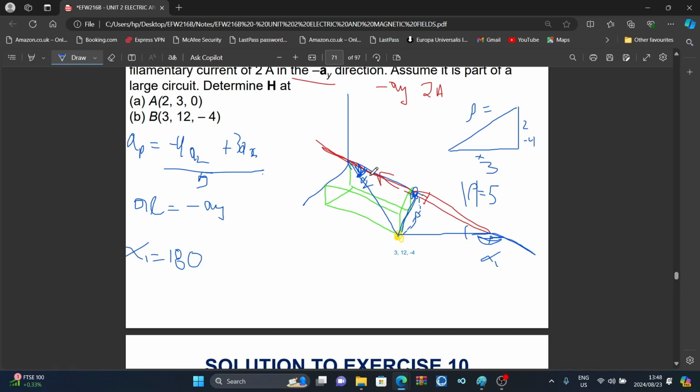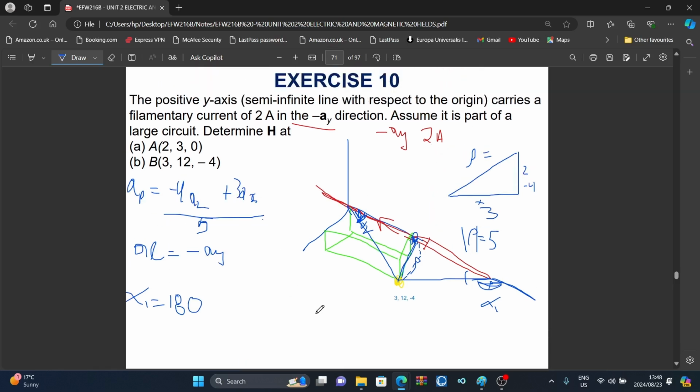Now to calculate alpha 2, we take the right angle triangle here.